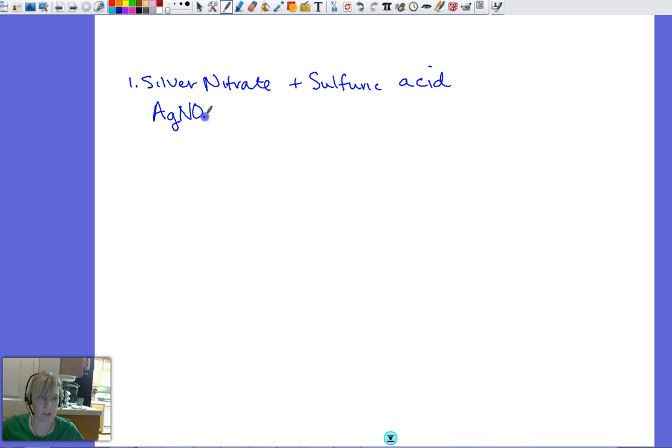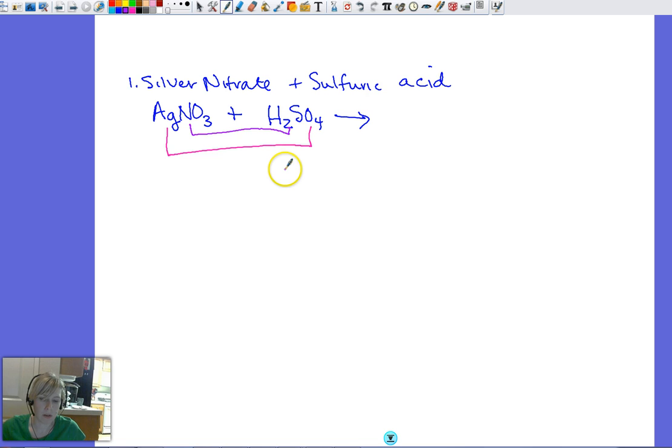So we're going to get AgNO3 plus sulfuric acid, which is H2SO4, and this is on your common chemical compound sheet, which you'll be given on the test. And then we need to figure out what they are going to make. So we're going to switch pairs. So we're going to have silver sulfate and H2NO3.